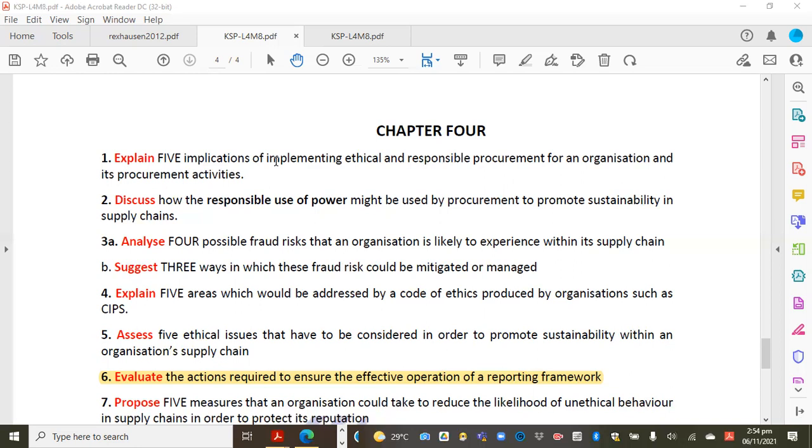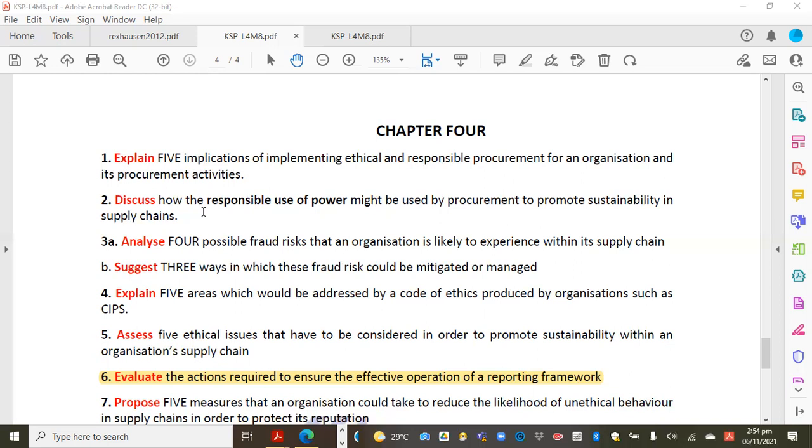Once the code of conduct is given to them, you conduct audit to ensure that they do the right thing. And where gaps are identified, corrective action plans are developed to ensure that they do the right thing. So when we talk about the implications for implementing ethical and responsible procurement, it's plenty. We haven't even finished.